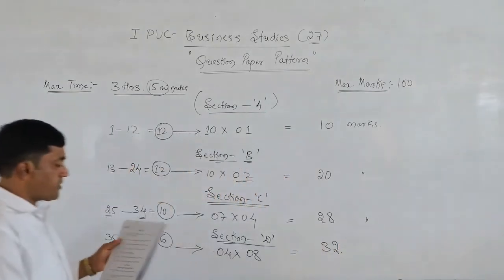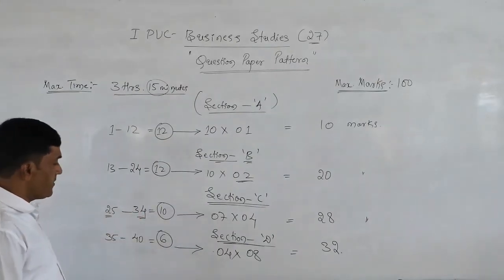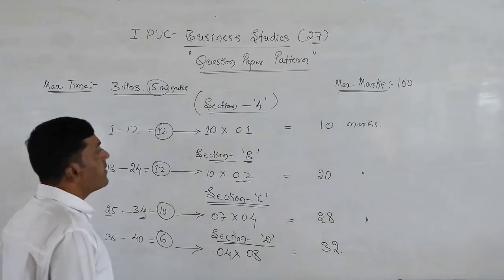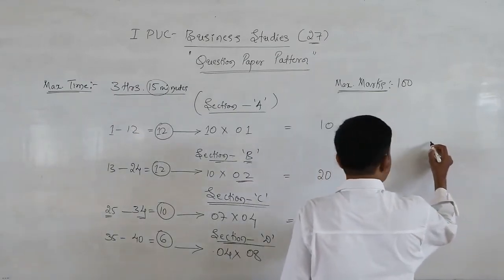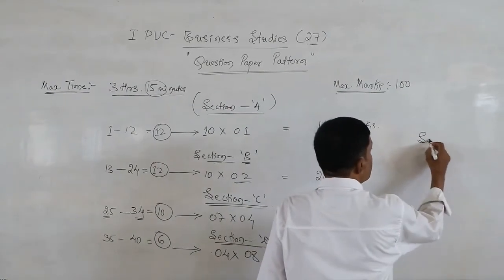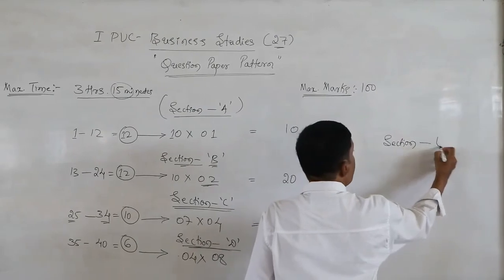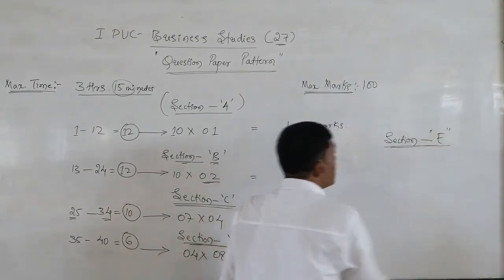One more section, that is the last section, dear students. Since there is insufficient space here, I would like to write section E. This is the last section of your question paper.